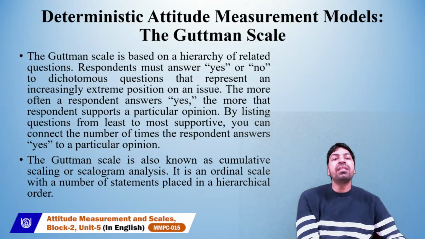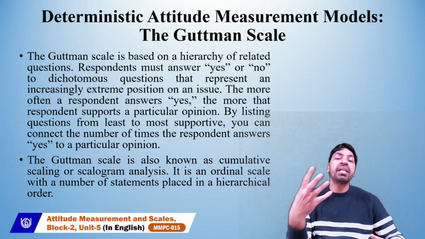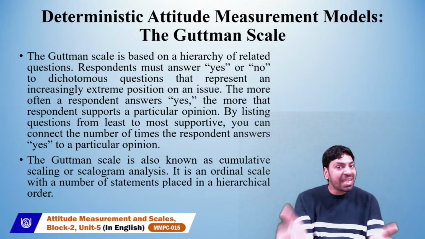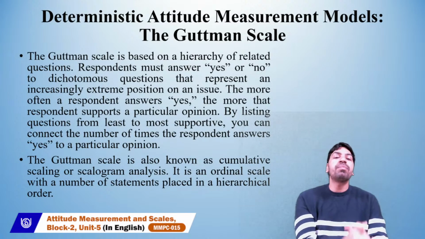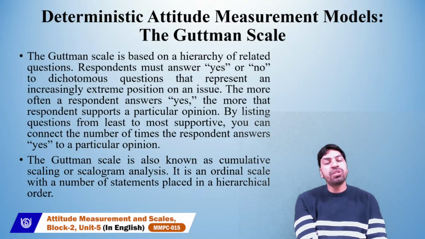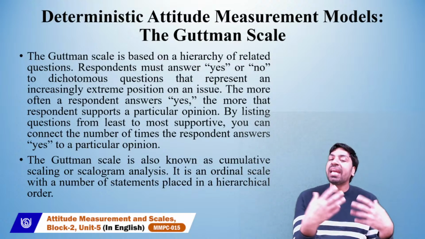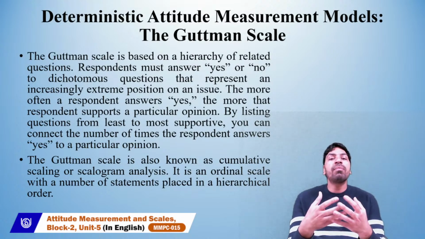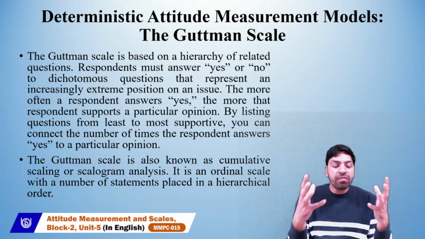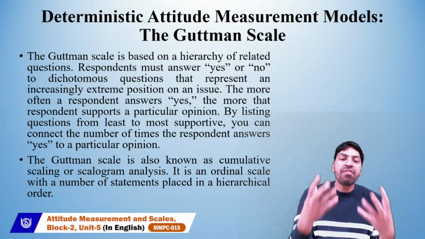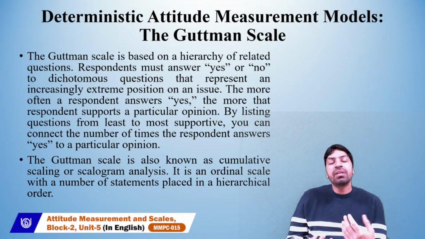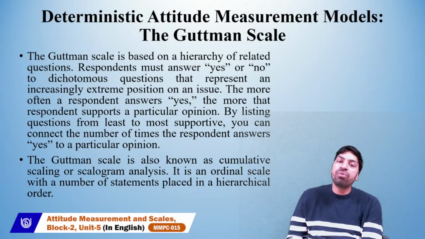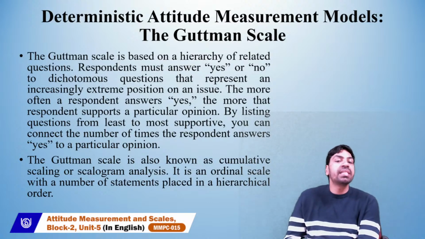So the more a respondent answers yes, the more he supports a particular opinion or statement. By listing questions from the least to the most supportive, the yes or no option will be followed, and when any question is followed by yes or no, that comes under the Goodman scale.